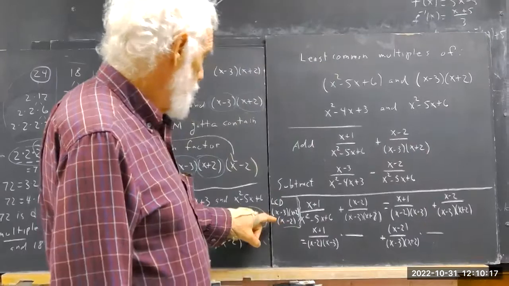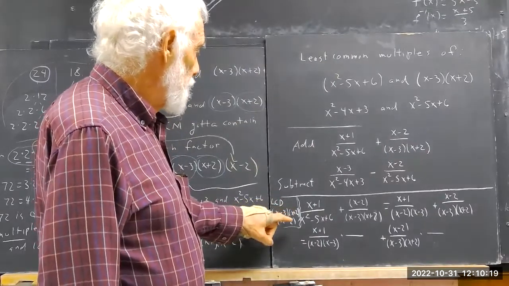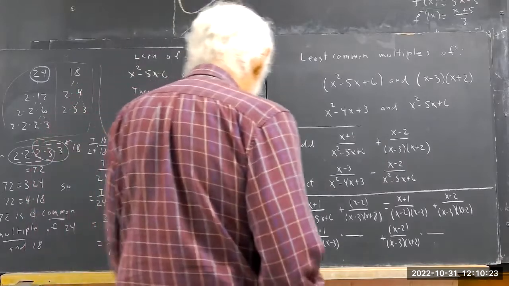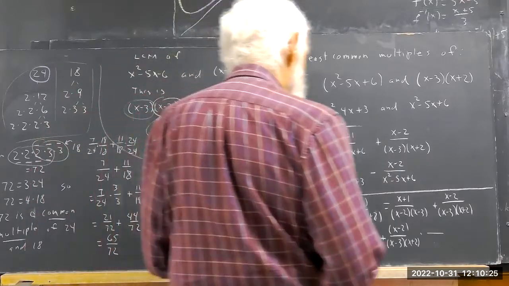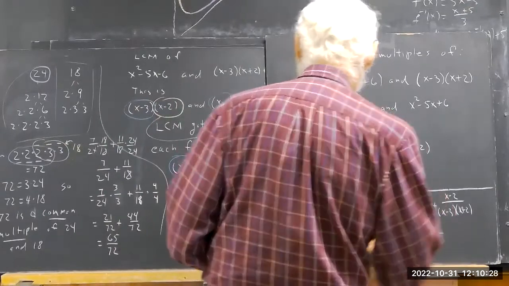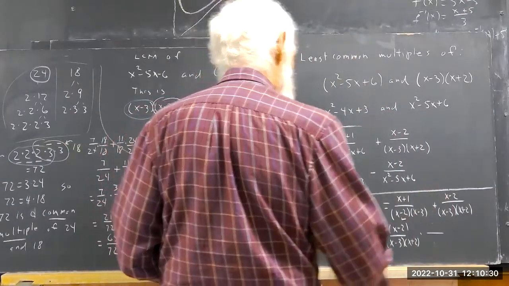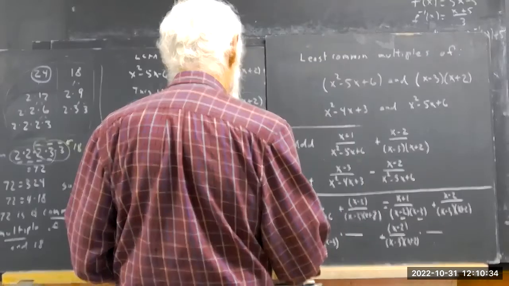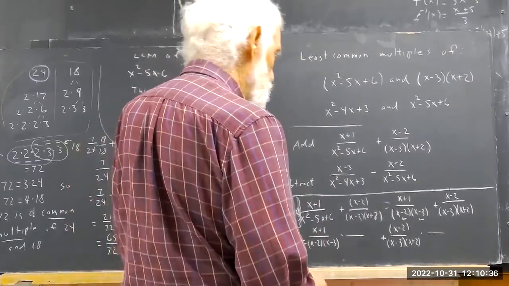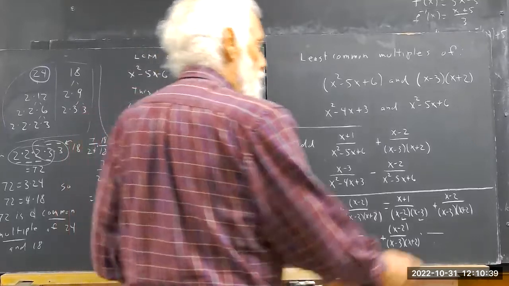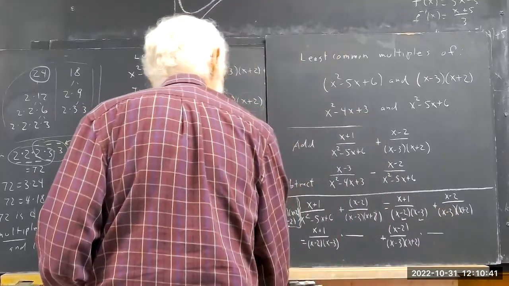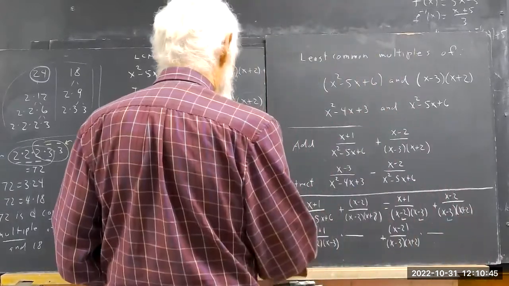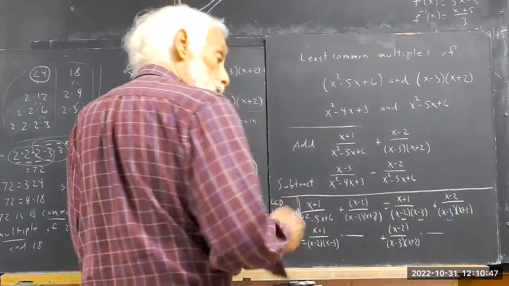So now we've got everything. We've got x minus 3, x plus 2, and x minus 2. We can check it off. We've got the x minus 2, right there it is. And we got the x minus 3, right there it is. And then over here, what have we got? We want to have x minus 3. Do we have it? Well, yeah, we got it. So this one gets 2 check marks.